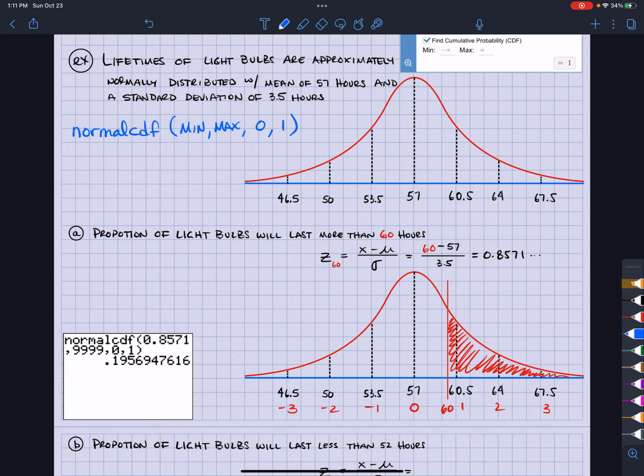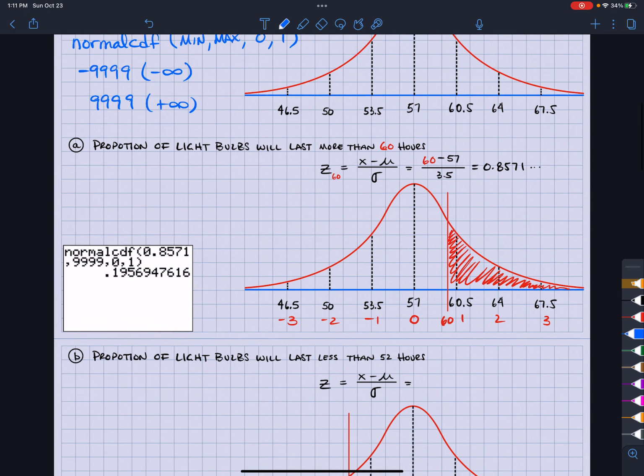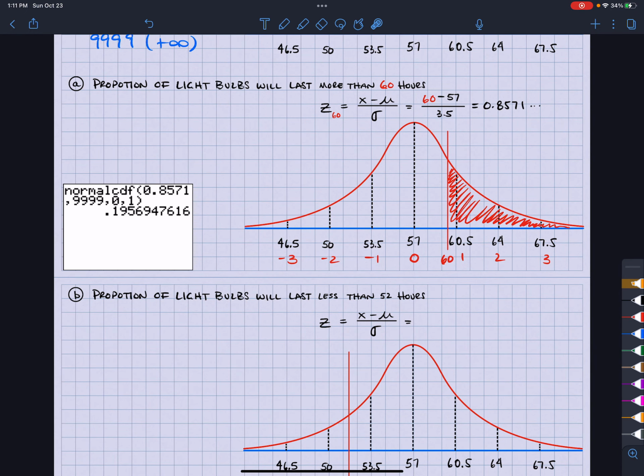We're using negative 9999 as negative infinity and 9,999 as positive infinity. So that is what you're going to have to do with the TI. That's what I entered right here. So I'm going from here all the way to positive infinity. So there it is, to infinity.